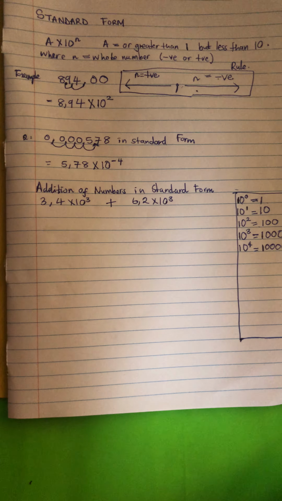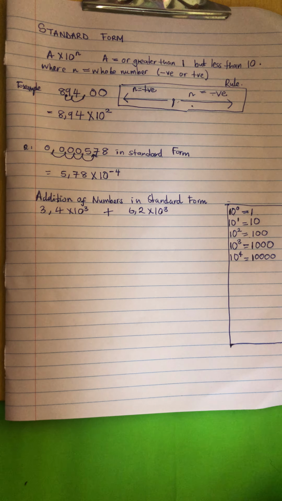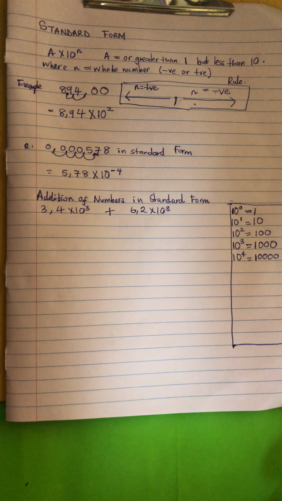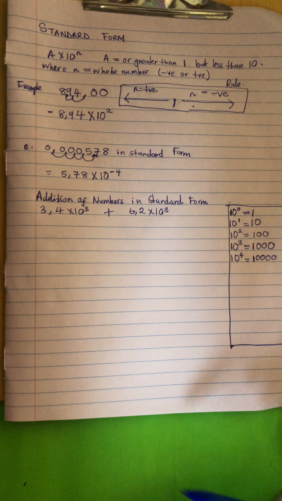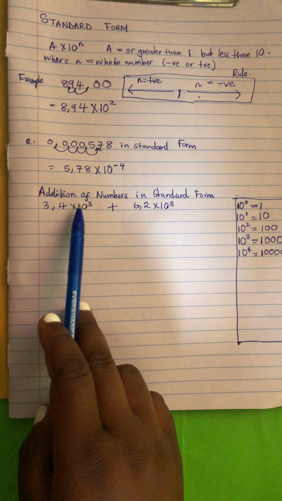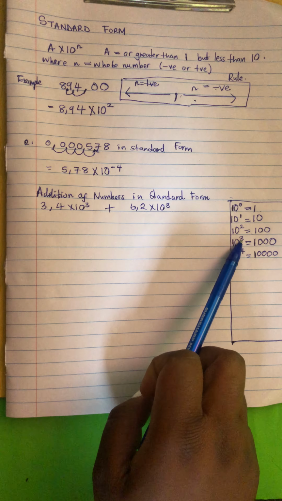So when adding numbers in standard form, remember we can first put them in ordinary form. We multiply 3.4 times 10 to the power of 3, meaning we multiply 3.4 times 1,000.